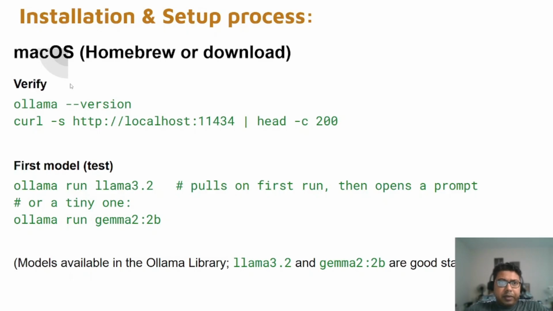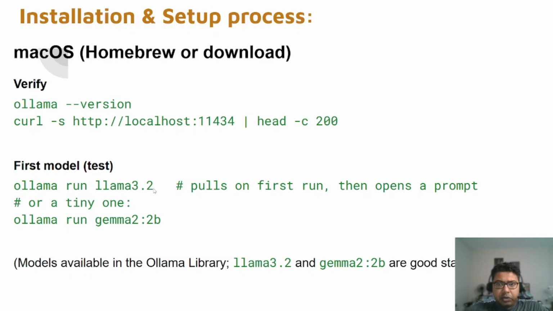Still on macOS, how do we verify if Ollama has been installed on our machine? We need to run ollama --version, which will show which version of Ollama has been installed, and that verifies Ollama is on our machine. The first model to test: ollama run llama3.2.